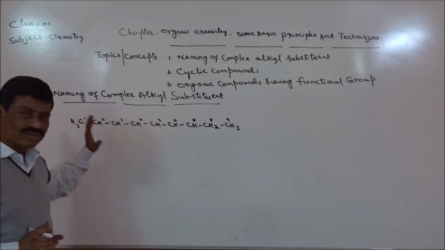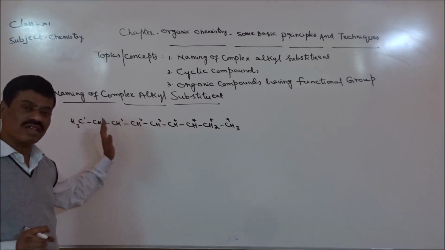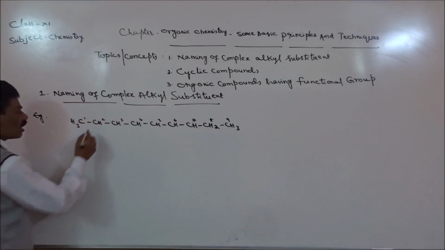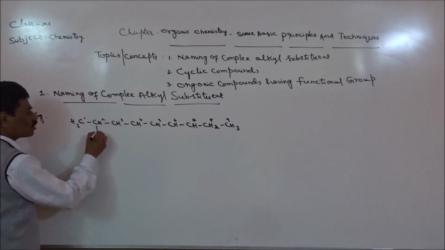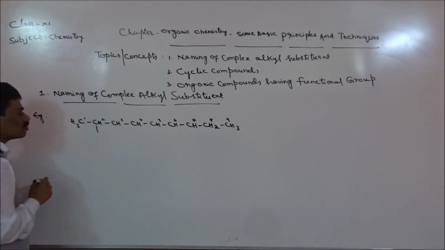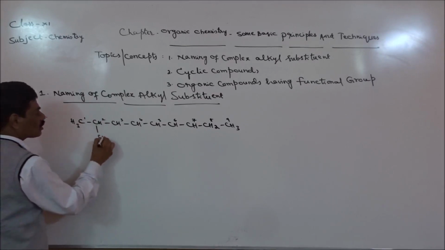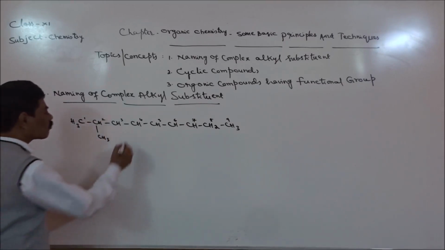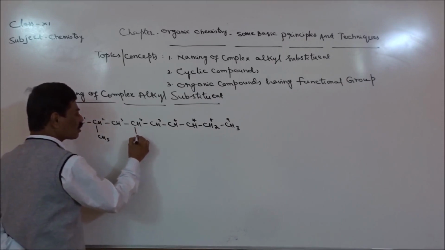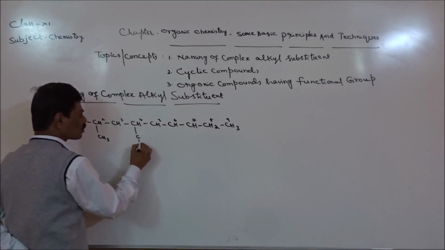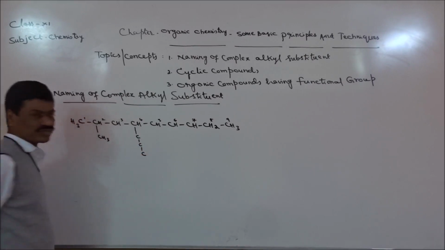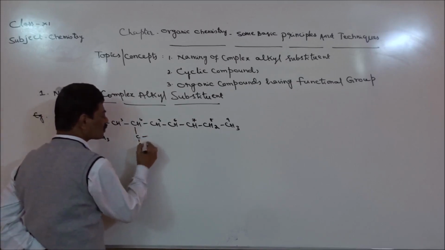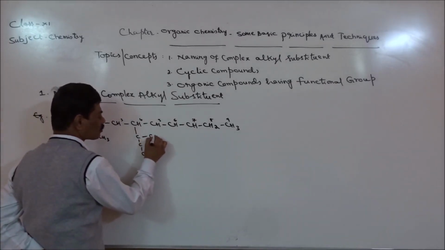Right? And I have not satisfied the valency of each carbon atom because I have to show the substituents. Imagine to carbon atom number 2, I am connecting a methyl group. Now valency of the second carbon atom is satisfied. Now, the fourth carbon atom, here what I am doing is I will connect 3 carbon atoms. And to the first carbon atom I will add methyl.